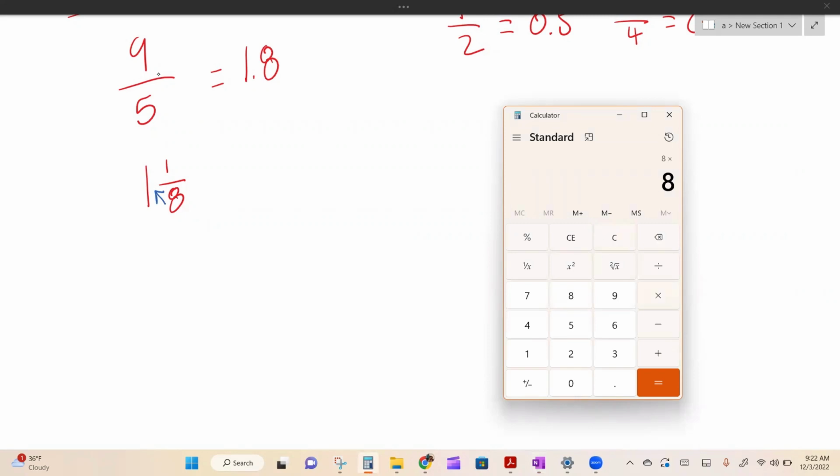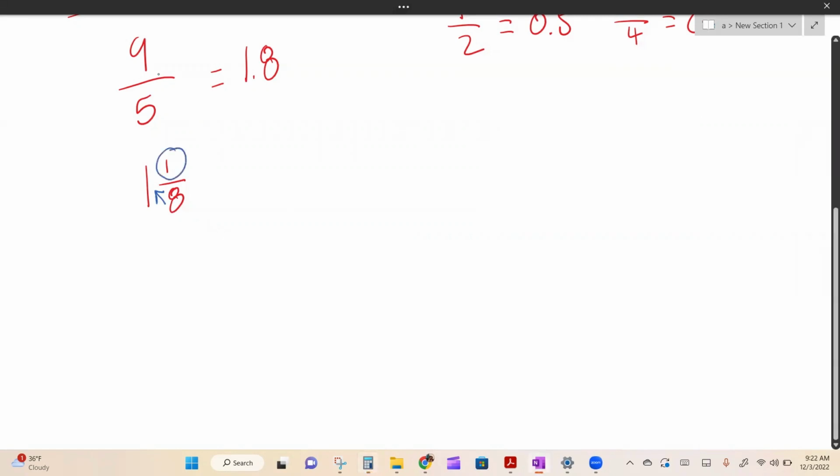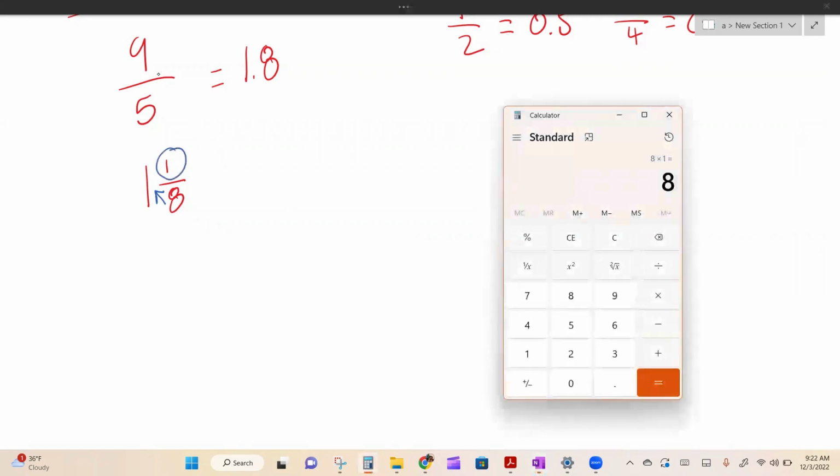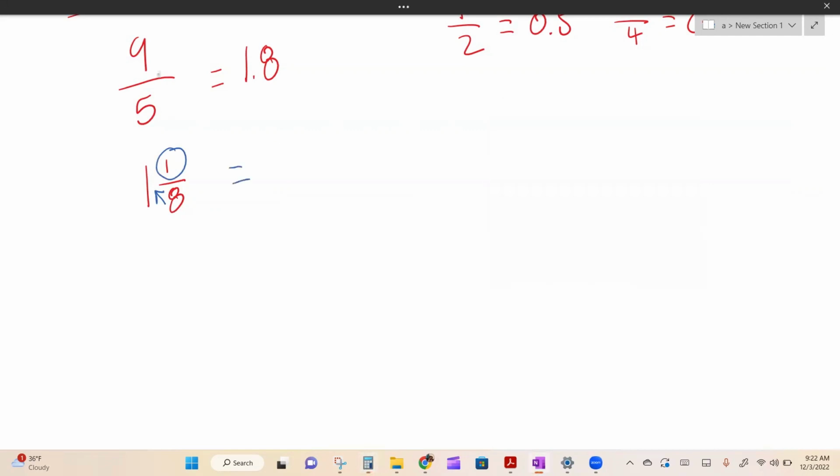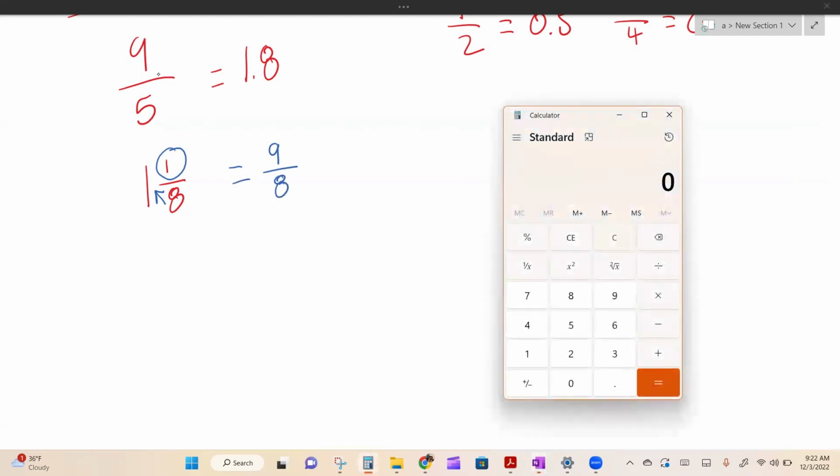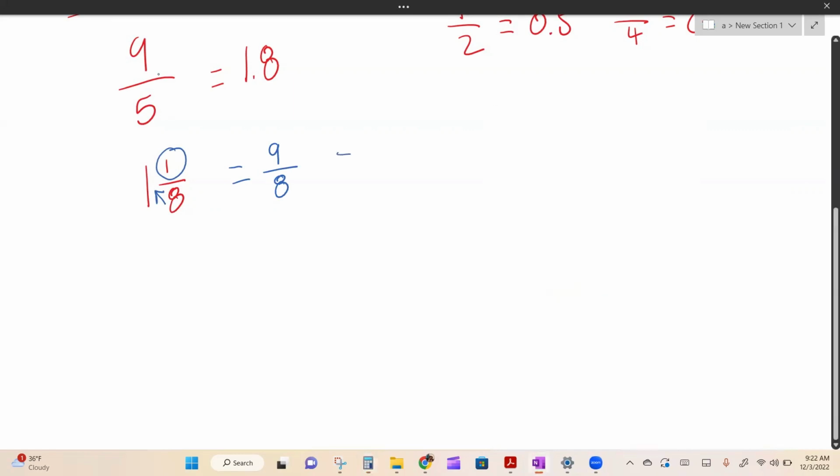So 8 times 1. And then we're going to add the numerator, so plus 1. Now I have 9, which is now going to be my top number, and my 8 will stay. So now if I want to find out the decimal version, I would do 9 divided by 8, and I get 1.125.